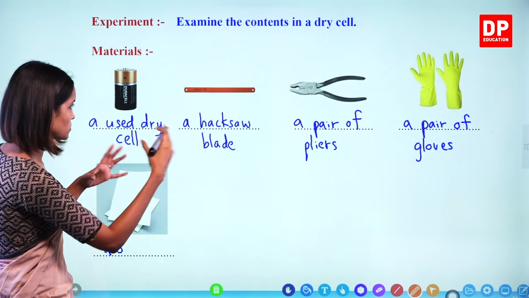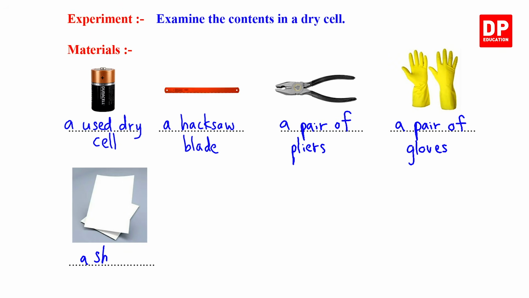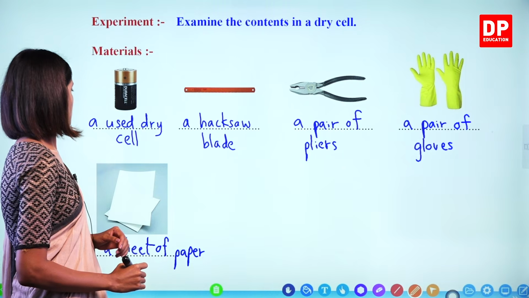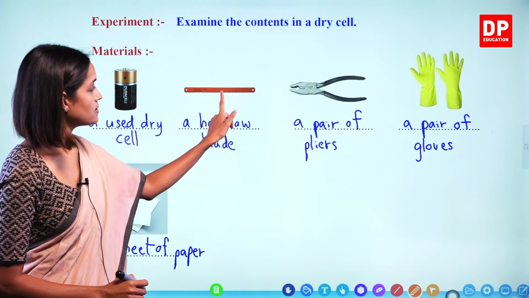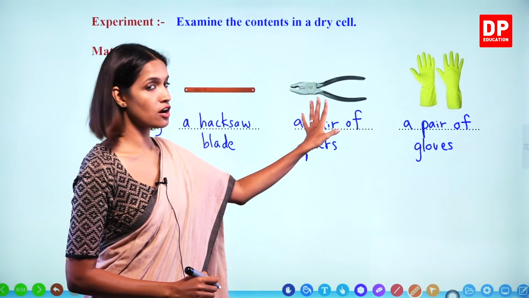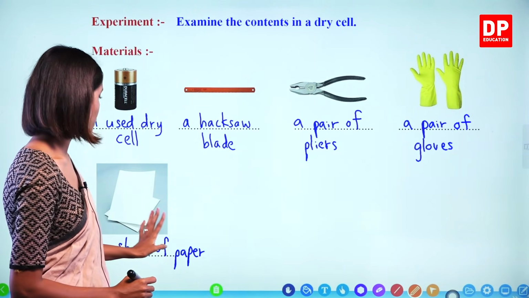You can take all the chemicals onto this sheet of paper. A used dry cell, a hacksaw blade, a pair of pliers, a pair of gloves and a sheet of paper.